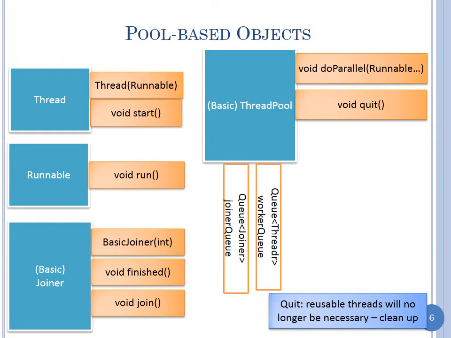Now let's look at what data structures we need. We need some kind of collection, stack, queue, whatever, of joiners and workers. And the question is, what elements do we put in there?